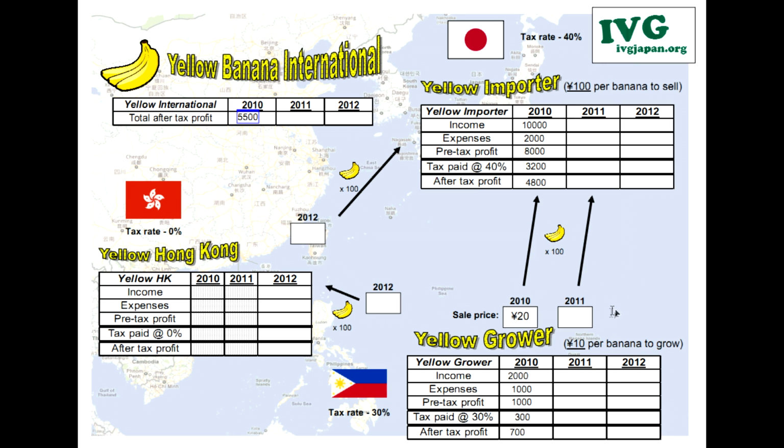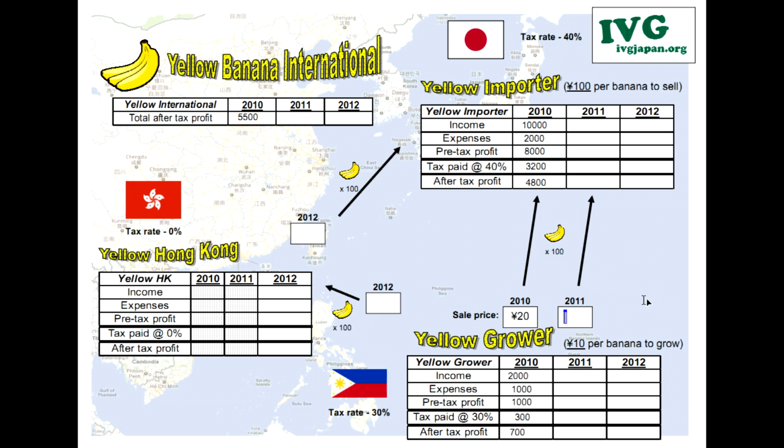If you're running a workshop, you can set your participants the challenge at this point of deciding on this sale price for the year 2011 to try and increase their profits for the company overall. You can either give them that challenge or just walk them through, like I'm going to walk you through. It's up to you. So, to increase profits, what can we do?